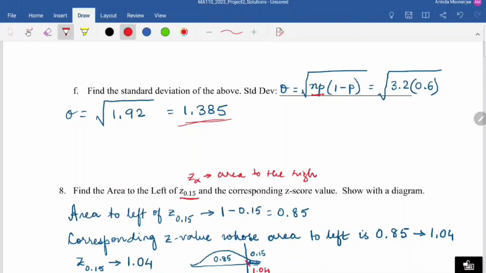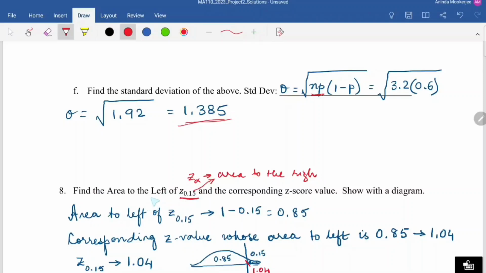This subscripted value of 0.15 is indicating area to the right of a particular z value. Whenever we write the z in this particular notation, the z of alpha notation, it's an accepted understanding that the subscript will represent area to the right.